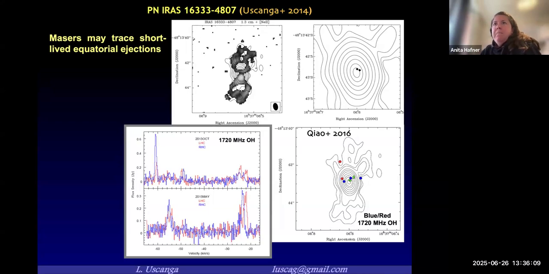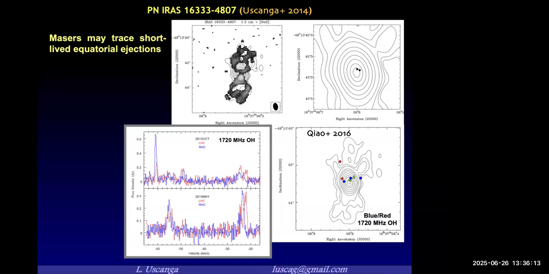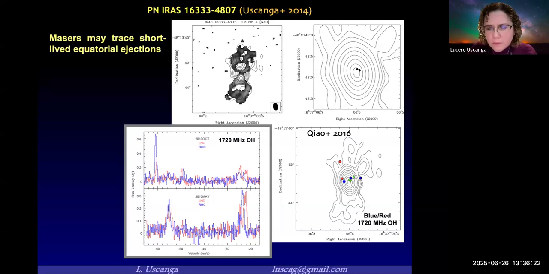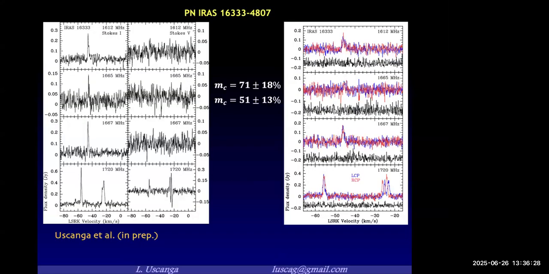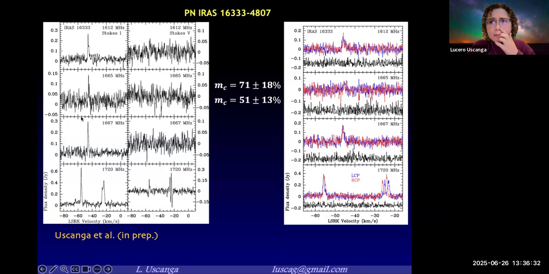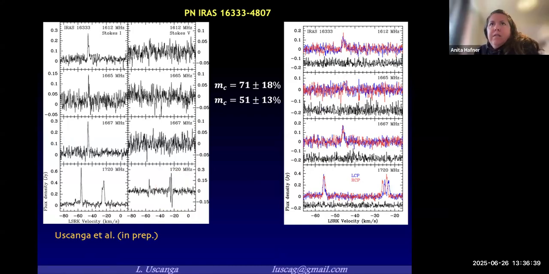Can I ask one follow-up on this? Is it only detected in 1720 megahertz? The magnetic field, you mean? No, just the maser itself. Is it only for this source? Oh, no. We were able to detect the 4 transitions. Oh, okay, I see. Thank you.